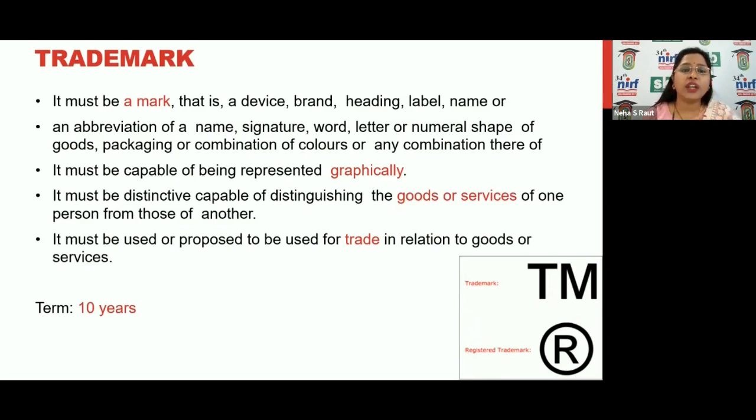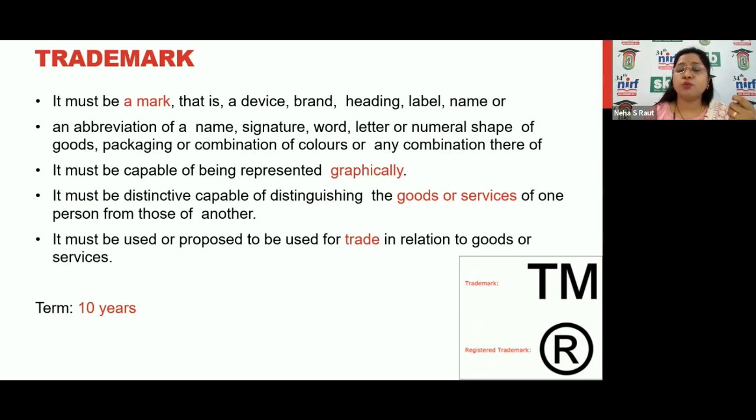We can get a trademark for any of these, but it should be represented graphically. This is the first requirement. The second, it should be distinctive, capable of distinguishing goods or services of one person from those of another. So nobody can take the same trademark or same graphical presentation for the same good.